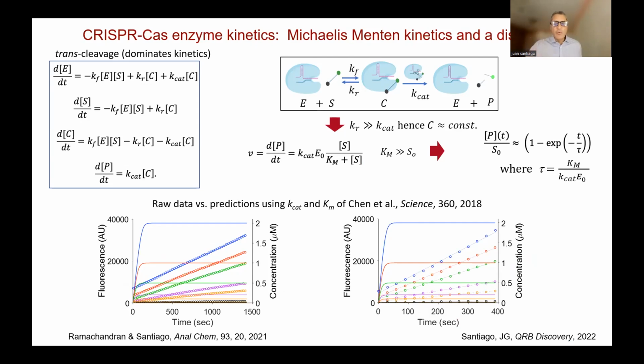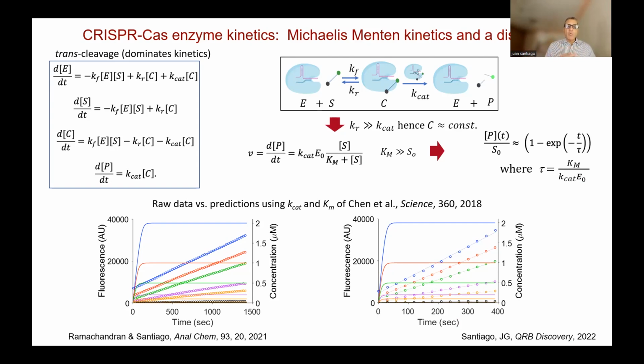So when we first started doing this, we thought, okay, let's use this Michaelis-Menten model. We developed a nonlinear model, not making the simple assumptions of Michaelis-Menten, but solving the full nonlinear Michaelis-Menten equations. We then used this model to extract our parameters.